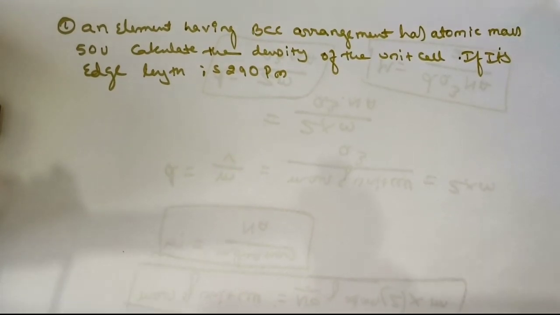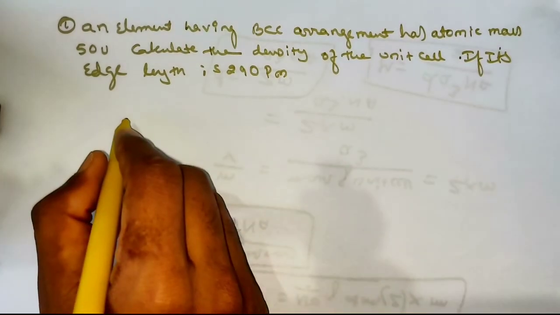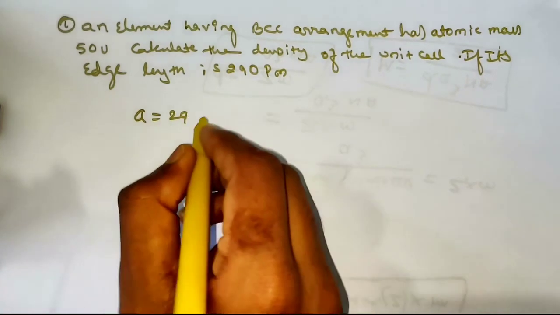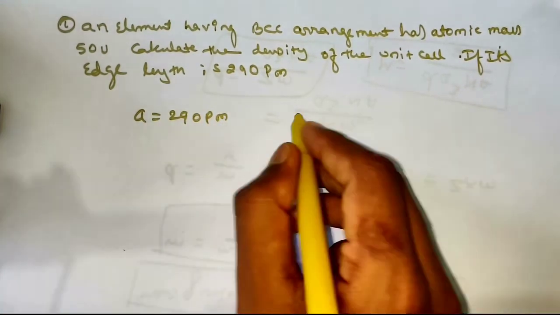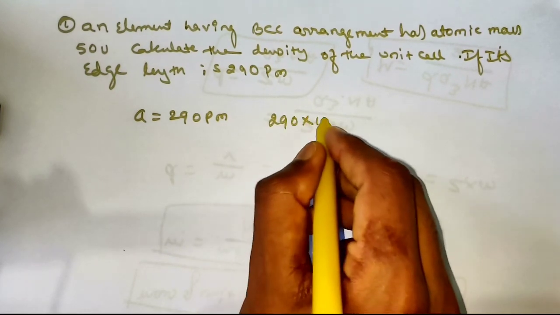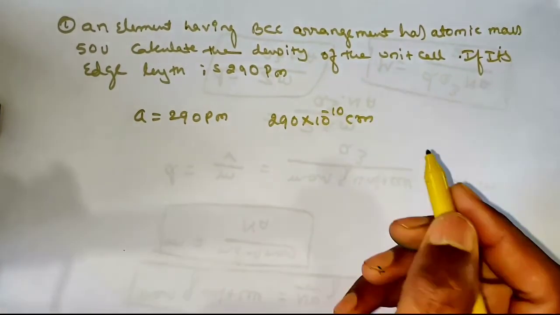Like, an element having BCC arrangement has atomic mass 50 u. Calculate the density of the unit cell. The edge length given is A equal to 290 picometer. We can convert this into centimeter, that is 290 into 10 to the power of minus 10 centimeter.